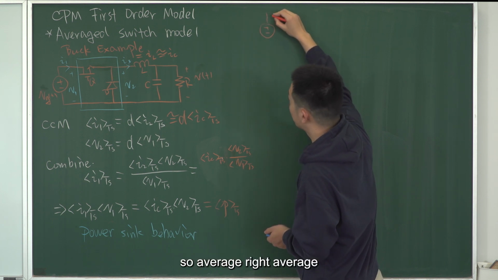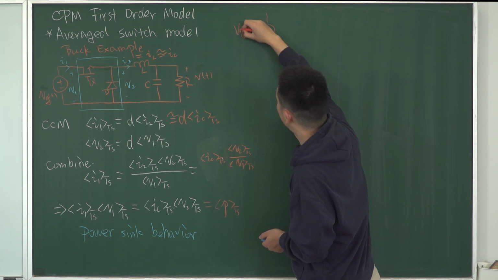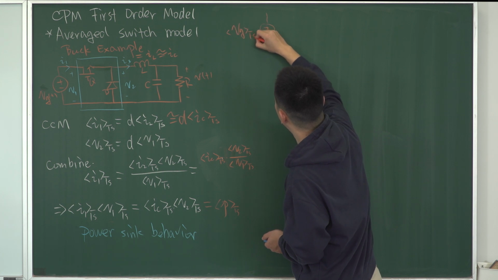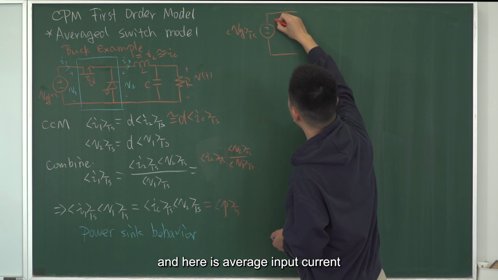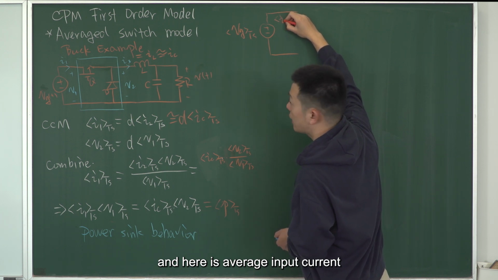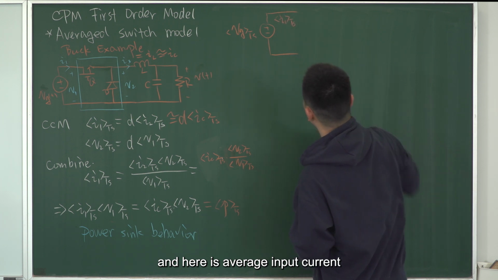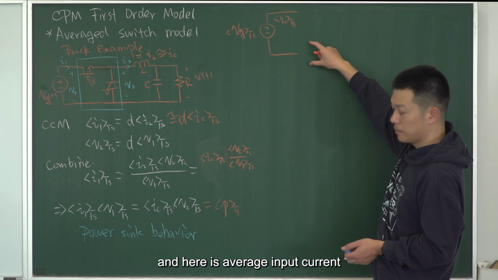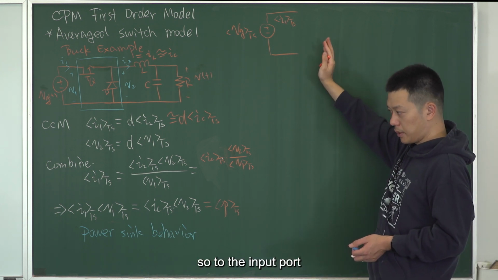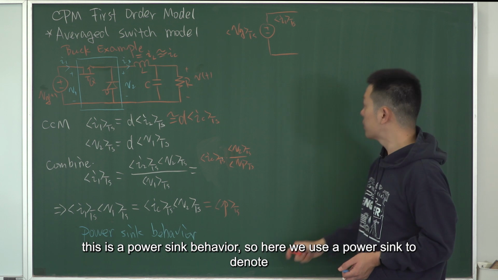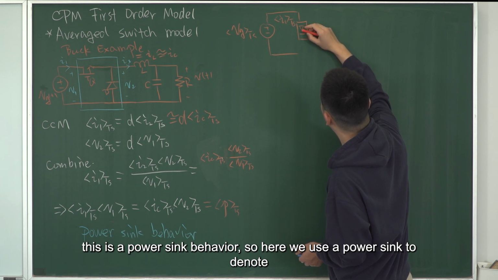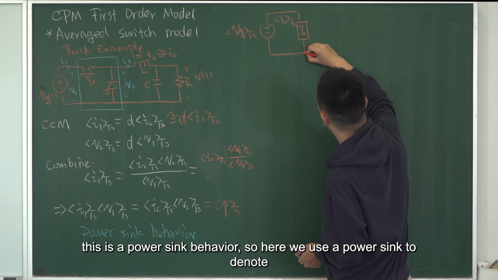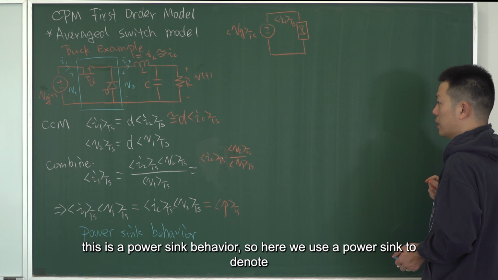So average, right? And here is average input current. So to the input port, this is a power sink behavior. So here we use a power sink to denote it.